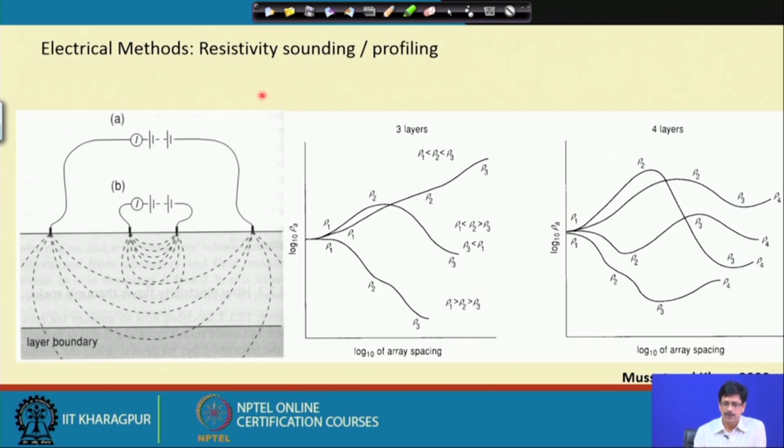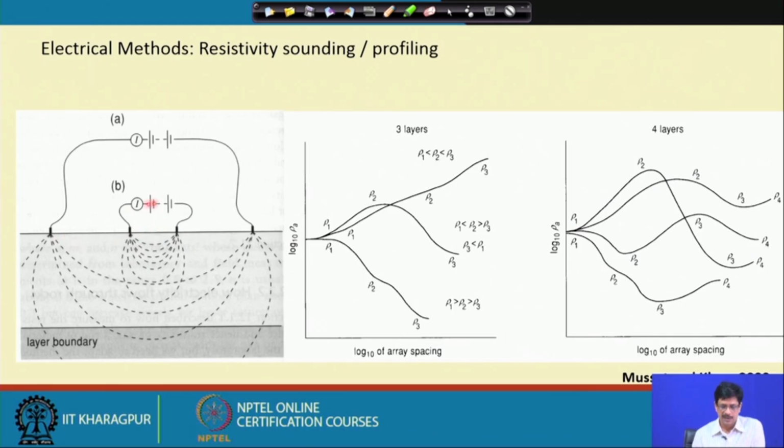amongst the electrical methods we will only be considering the one which is the resistivity sounding or the resistivity profiling, which is mostly used. And as I just showed, for situations like detecting a water bearing horizon for groundwater survey, this kind of device is used, where there are current electrodes and potential electrodes, and when the current is applied, the potential difference is measured, and there are different types of configurations, like the distance between the potential electrode and the current electrode.